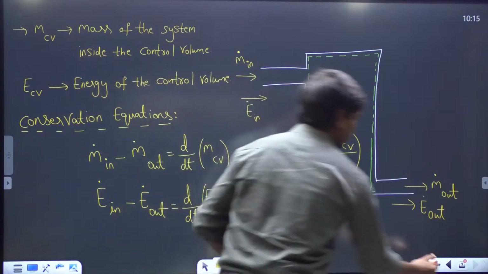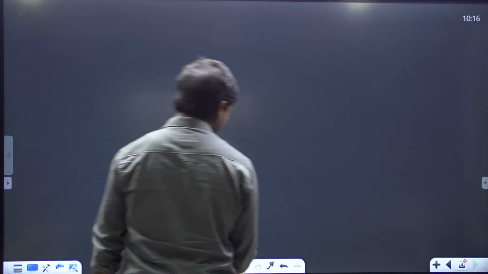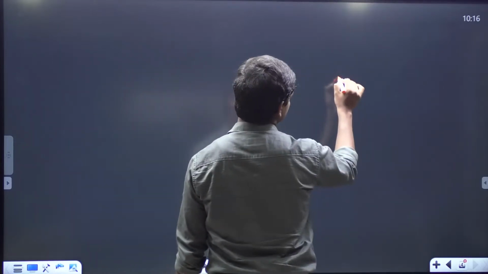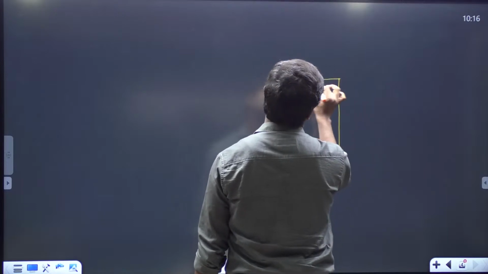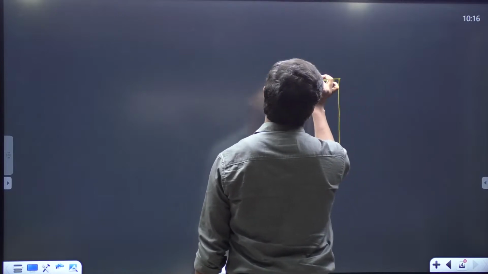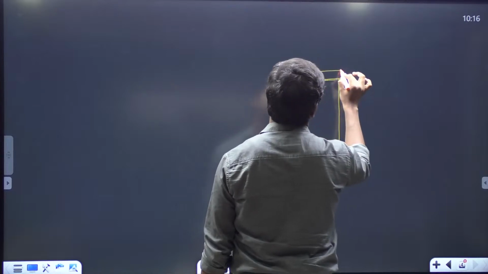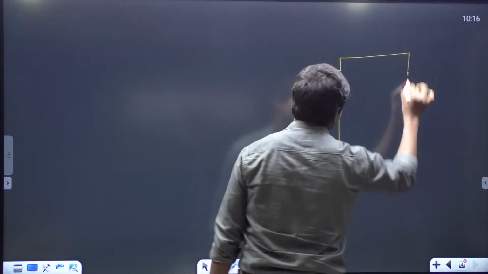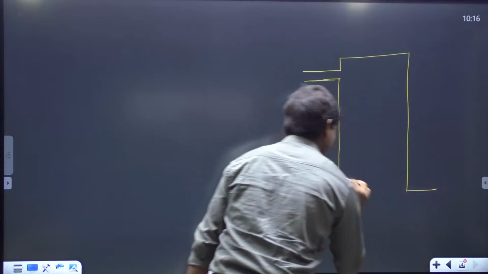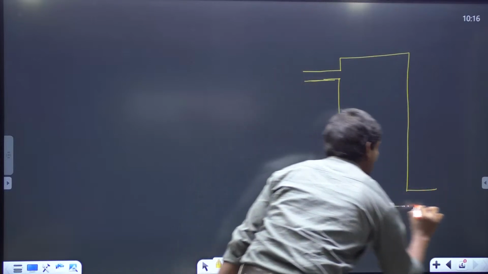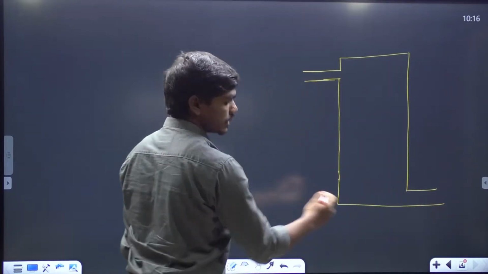Okay, so see here. Now, if you have a control volume which is having some inlet like this and of course some outlet, so this is the inlet and that is the outlet.